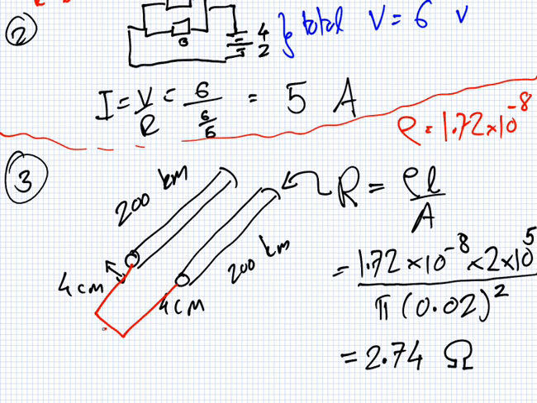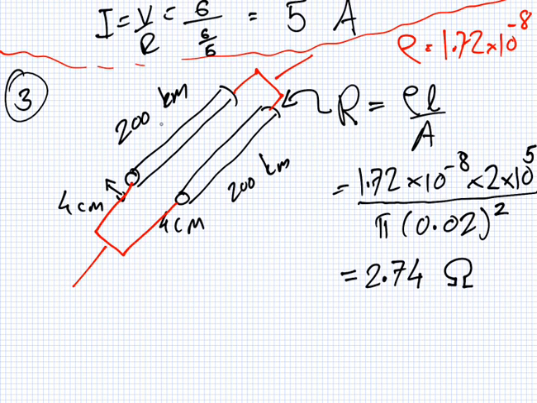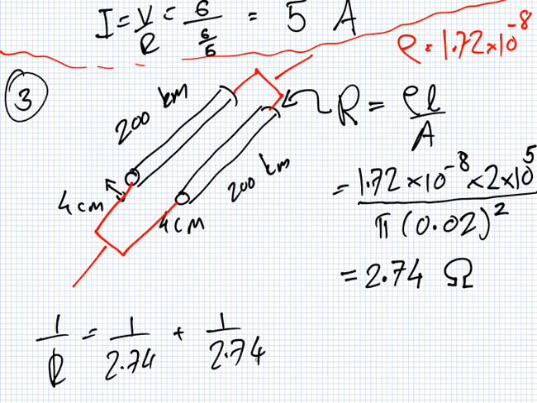Now that's not the final answer though. The other one is the same. But what's happening here is the electrical company is using the 2 of these. So what type of problem is this? Series or parallel? Parallel. So the answer is not this plus the other one. It's like this.